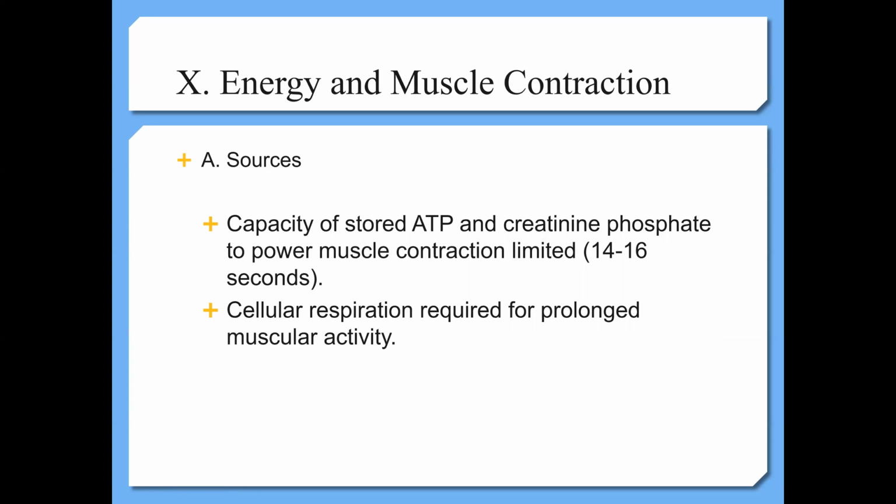All right, so we have a few seconds of ATP. We may be able, with loading this stuff, to give us another 14 or 16 seconds, but guess what? If we don't have cellular respiration, we're just not going to make enough ATP. Cellular respiration is the opposite of photosynthesis.